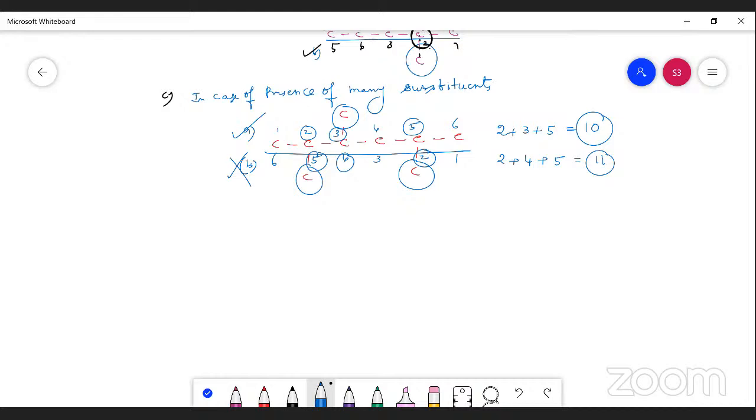So in case of presence of many similar substituents, just mention the positions where they are present. Tell me what are the positions where the methyl substituents are present? At second position, at third position, and at fifth position. So I'm writing here 2, 3, 5 hyphen. 2, 3, 5.